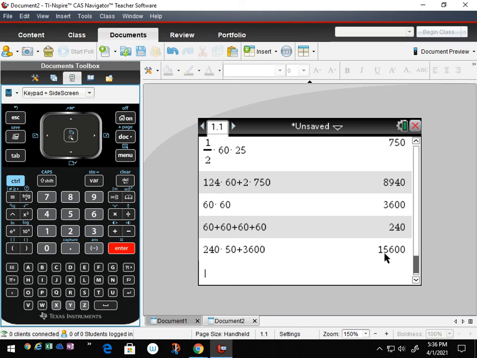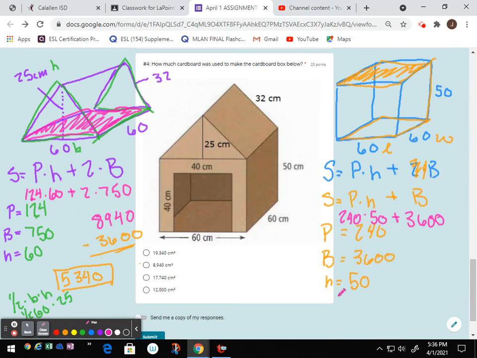We get 15,600. So that is the surface area of the rectangular prism.